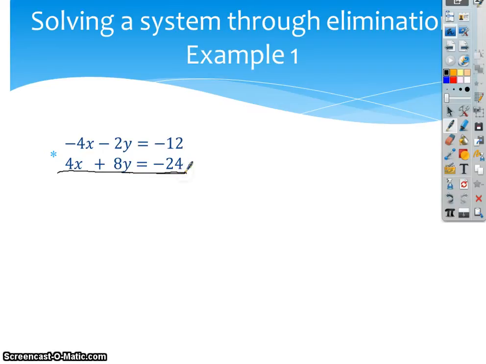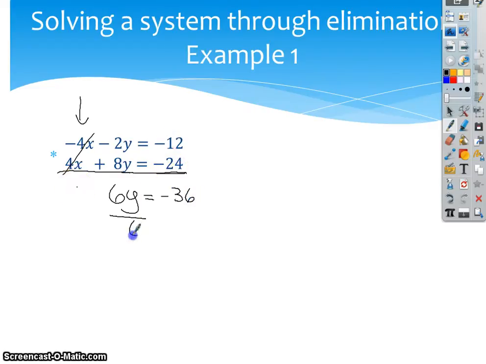And the reason why we want to add them together is this right here. Negative 4x plus 4x cancels out. My x values are now gone. My variable is completely gone. Negative 2y and positive 8y leaves me with 6y equals negative 12 plus negative 24 is negative 36.